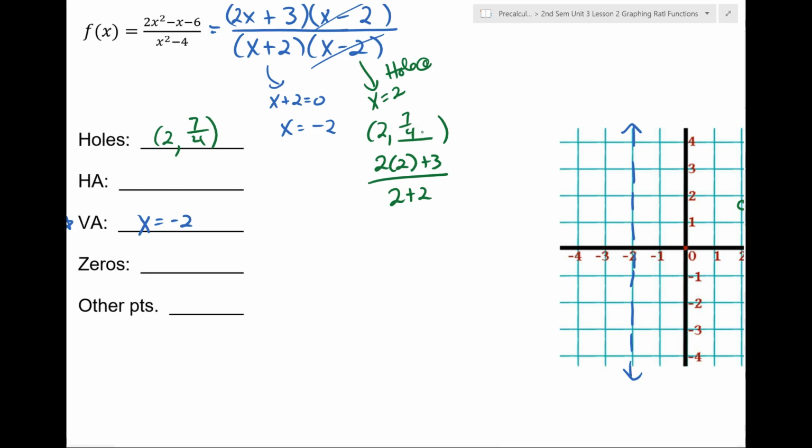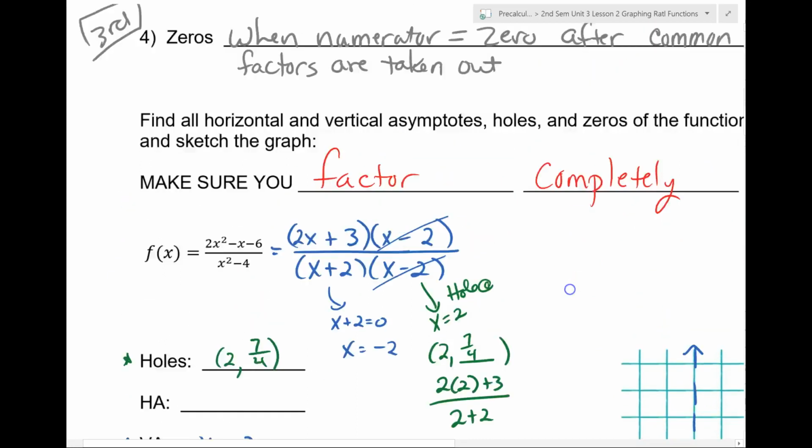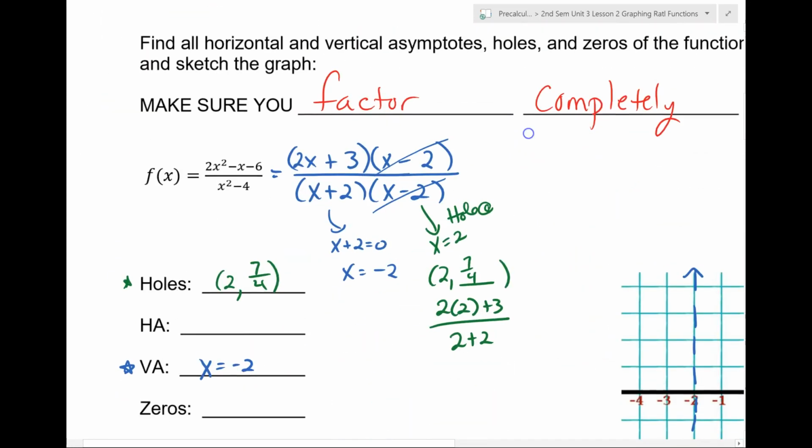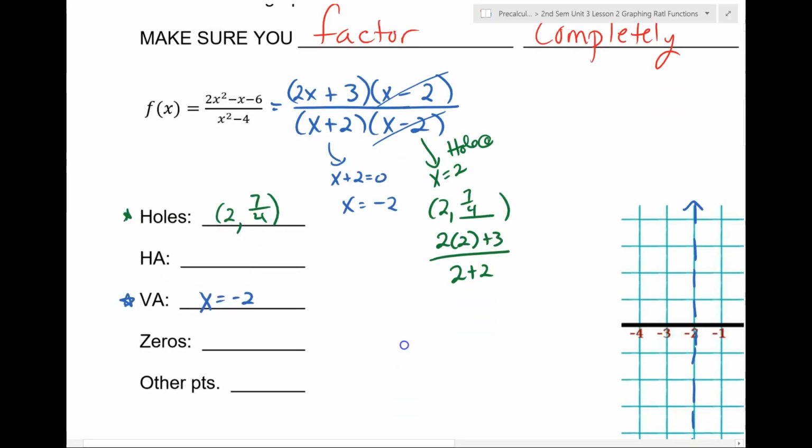All right, what are your zeros for this one? I think we did holes next. What are the zeros? We did that in what color? Gray. All right. So, remember to find the zero. What do we got to do first? That's when your numerator without the common factor is equal to 0. So if you're finding zero, you're going to go 2x plus 3 is equal to 0.